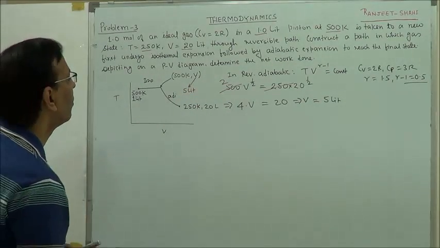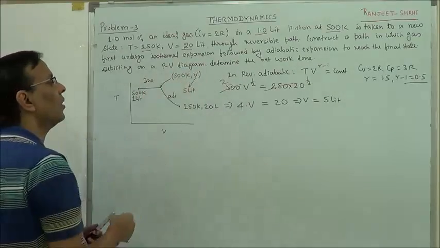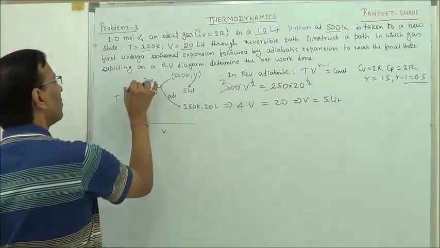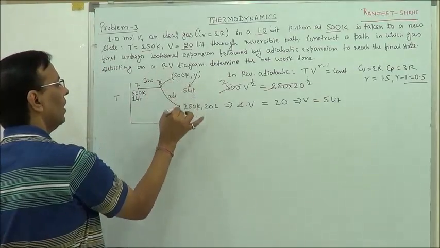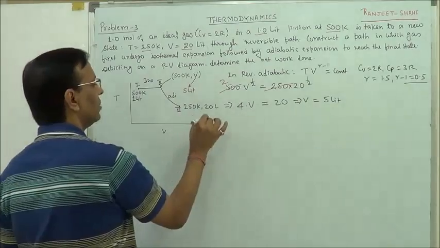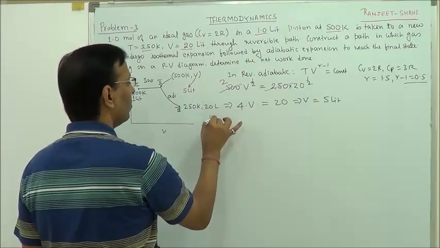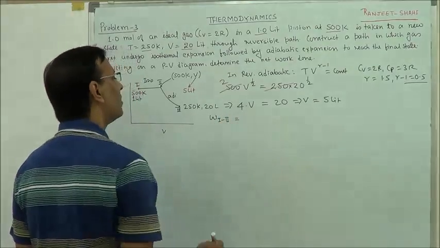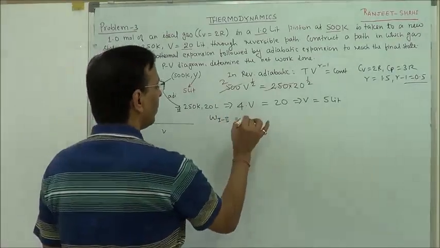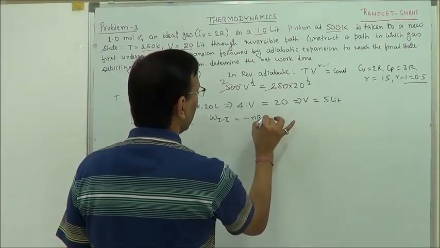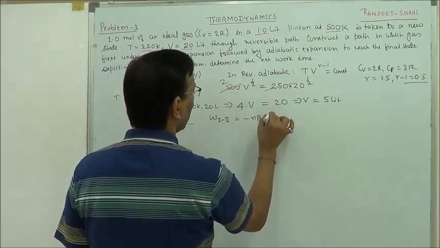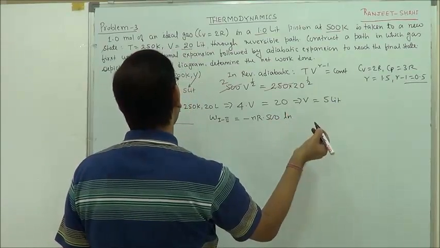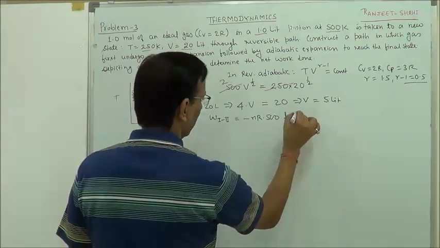So since volume is known here, work can be known in the first and second step. Let us call the states 1, 2 and 3. So W12 will be equal to minus nRT ln of V2 by V1. V2 is 5 upon 1.